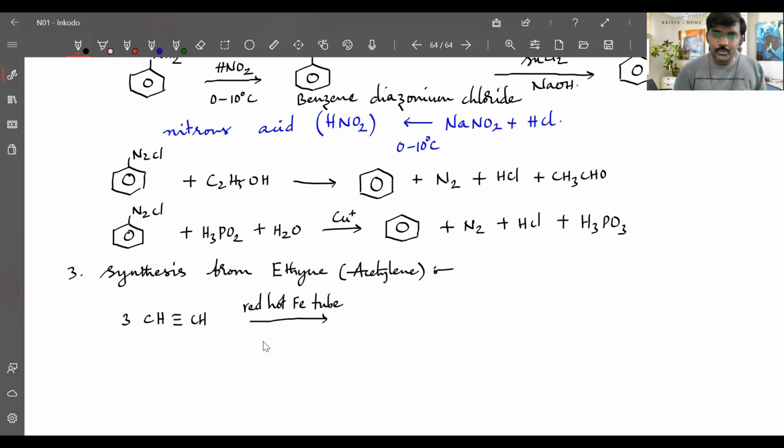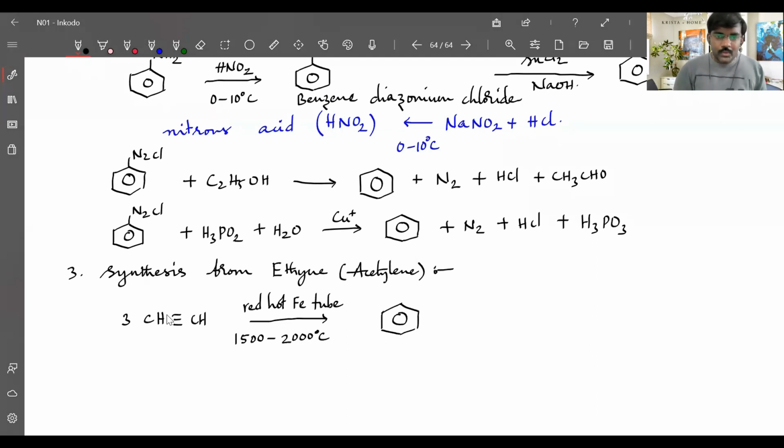The temperature should be maintained around 1500 to 2000 degrees Celsius. Now it will convert into benzene.